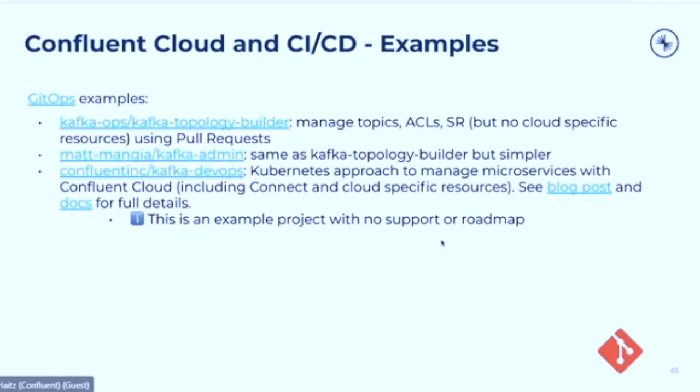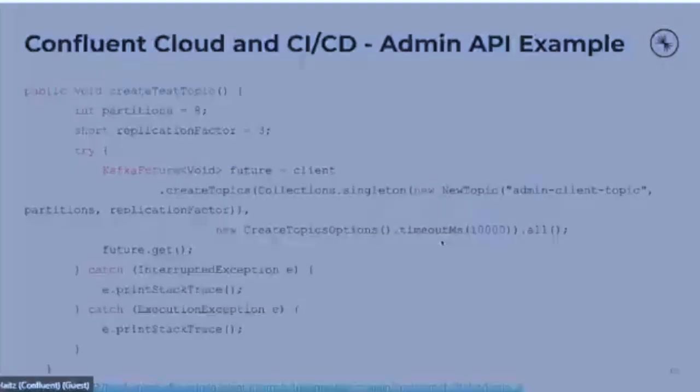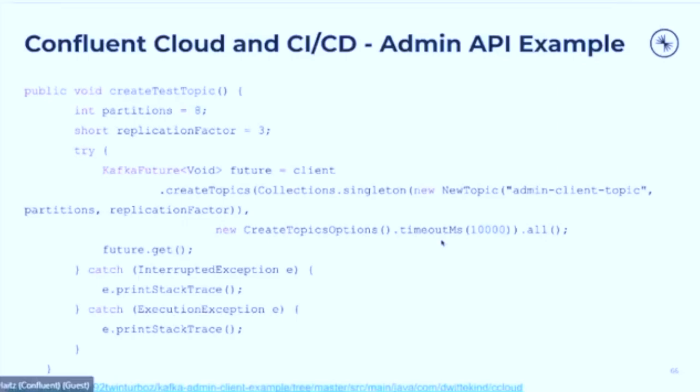Tooling that will be familiar to you, be it what was previously called the Kafka Topology Builder, which is now called JulieOps, or Kafka Admin and Kafka DevOps, just as examples of what you can use. We also have an example of how the Kafka Admin client can be used to create topics.